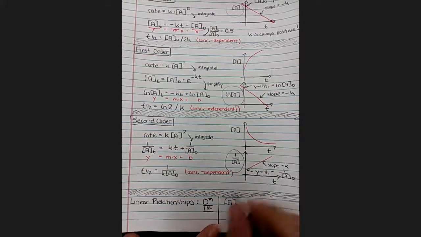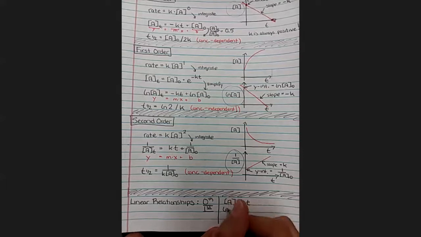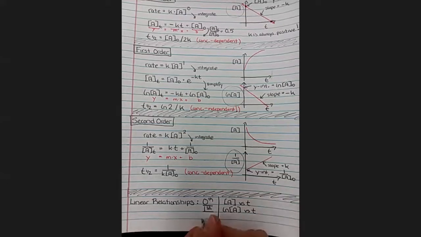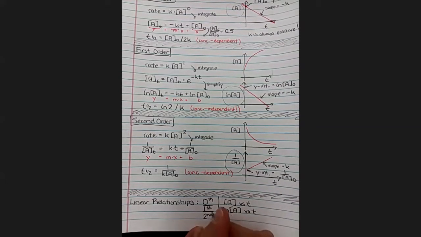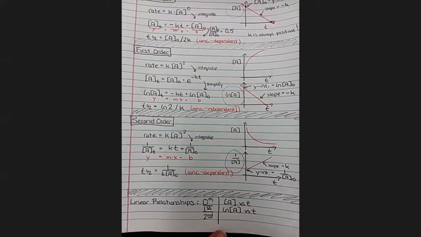If we have a first order reaction, we know the only way to get a linear plot is to use the natural log of the concentration of A, plot that versus time. And then for our second order reactions, the only way to get a linear plot is to plot 1 over the concentration versus time.